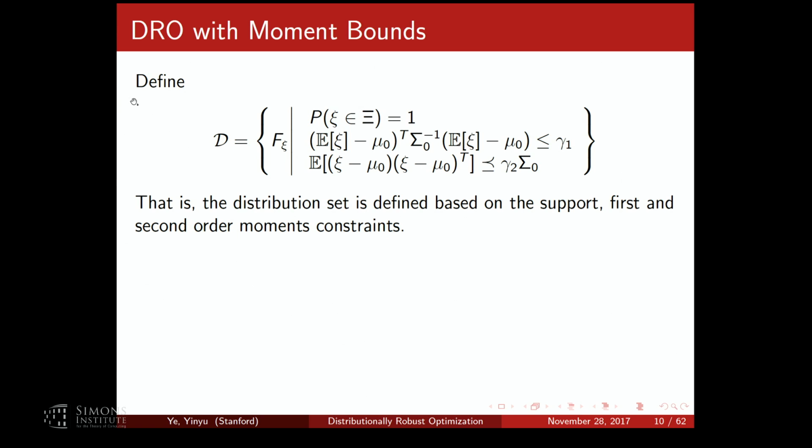This simply means this matrix subtracted by this matrix is positive semi-definite. So you can consider this as a matrix confidence interval, okay? And this is just a standard confidence interval for multi-dimensional decision variables.